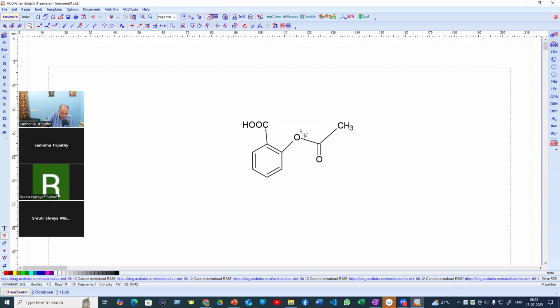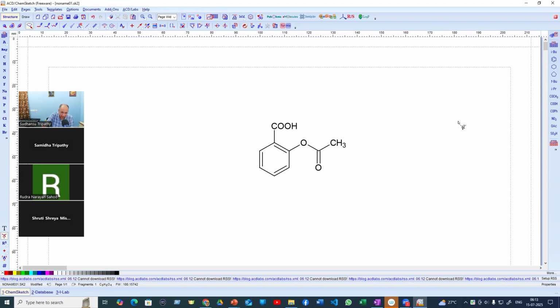So this was previously the phenolic OH, but since carboxylic acid was already there, it was called salicylic acid. But we are now hitting the phenolic OH, which will be acetylated, esterified. And then what will be the name? Let us make it look better. Now the name I said will be the PIN, preferred IUPAC name, but it has a very popular name, acetyl salicylic acid, which is nothing but aspirin.